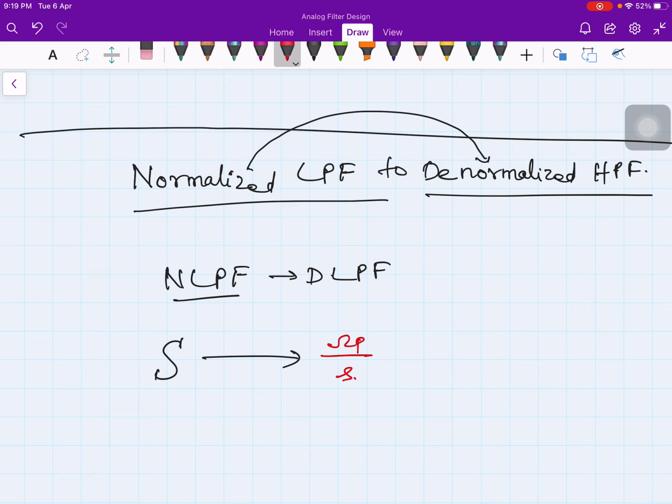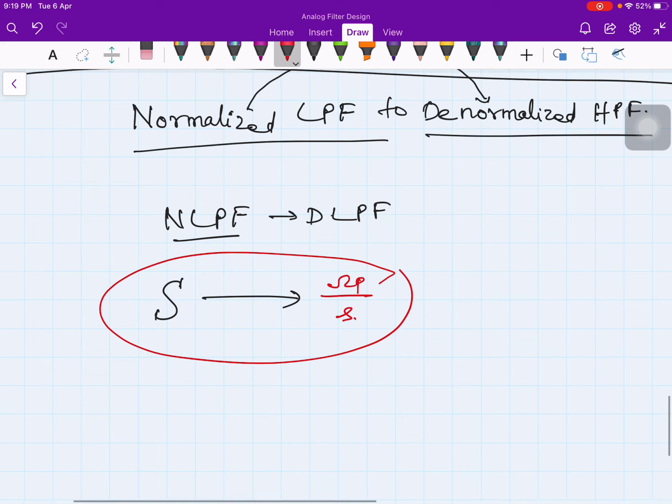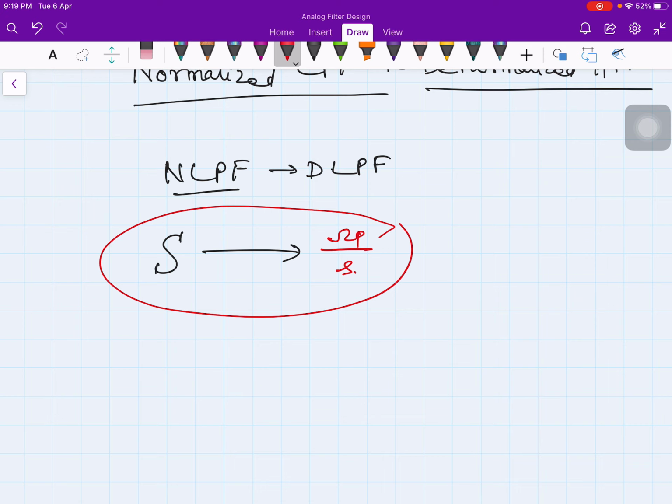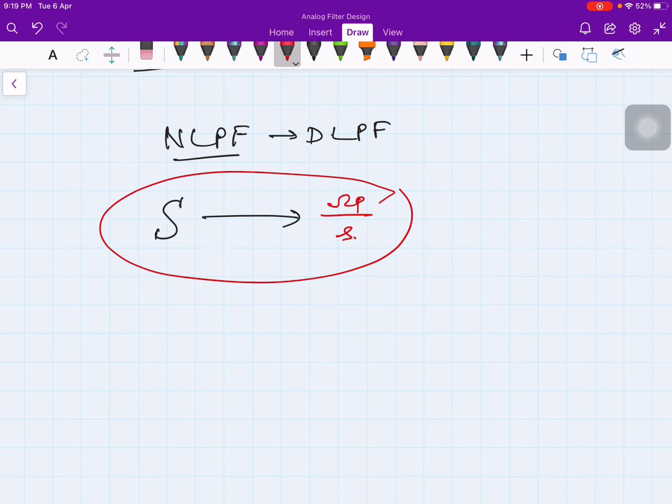This is the transformation. Now what is the justification of this transformation? We can see that capital S is equal to omega p divided by small s.